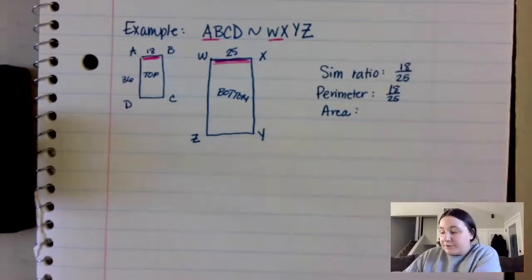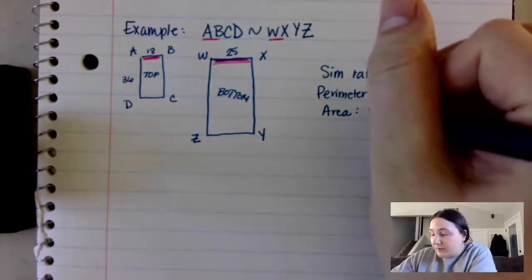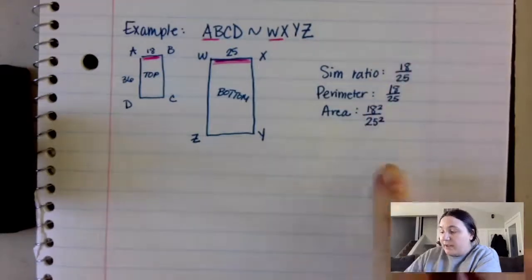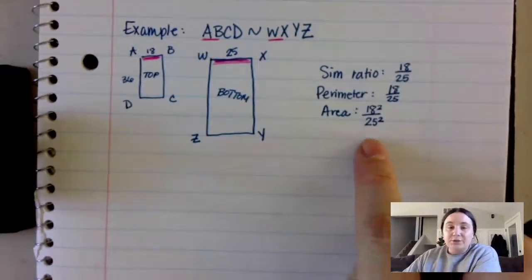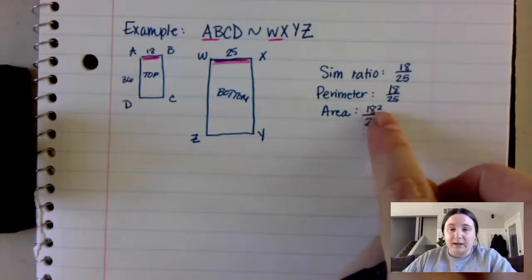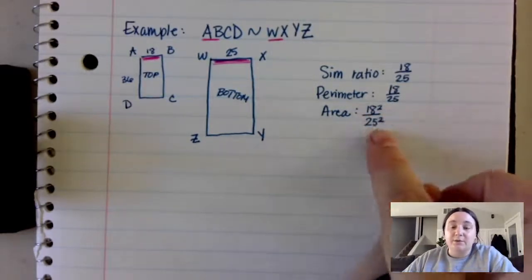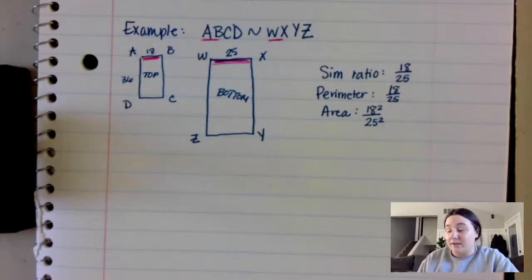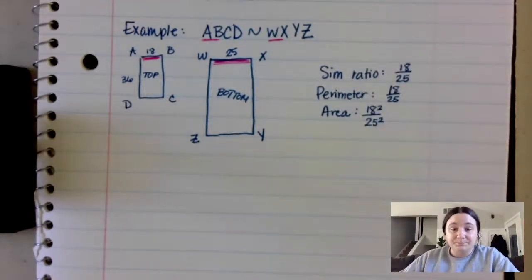The area ratio is the only one that's different, and you just need to square them. So 18 squared over 25 squared. Again, I don't need you to figure out what 18 squared and 25 squared are. Just leave it as this because you can clearly see where the sides came from. And so that's the 2.0 level, just identifying the ratios.